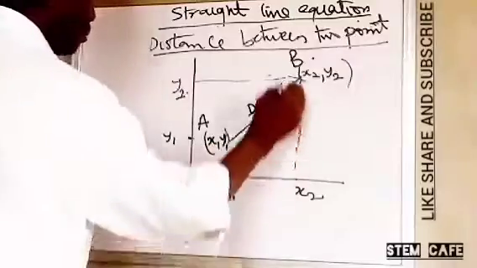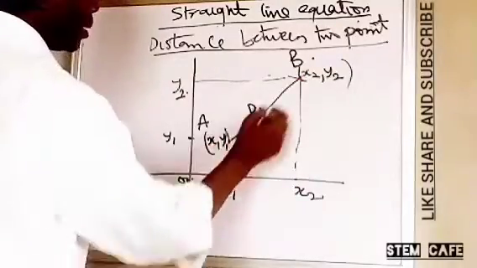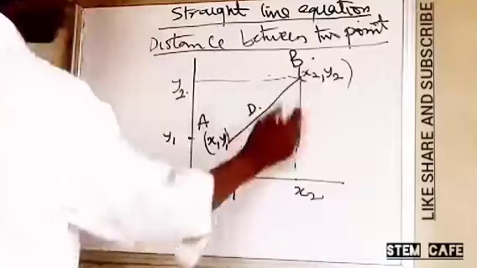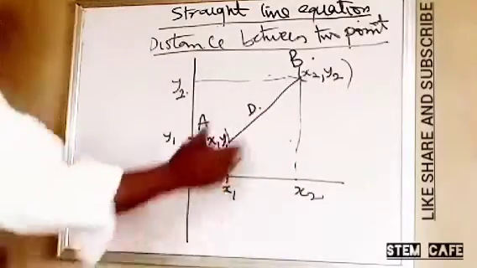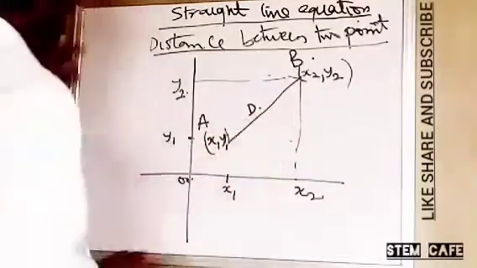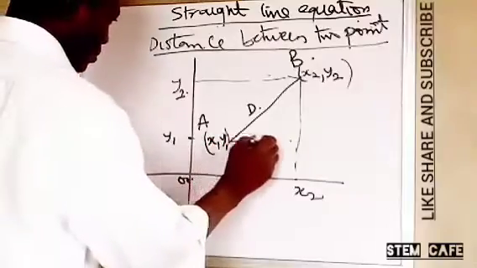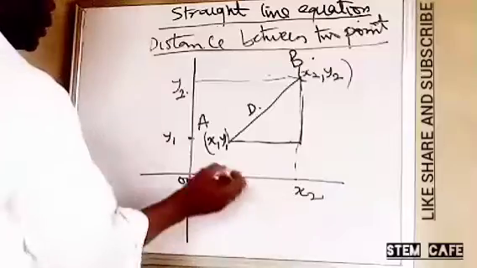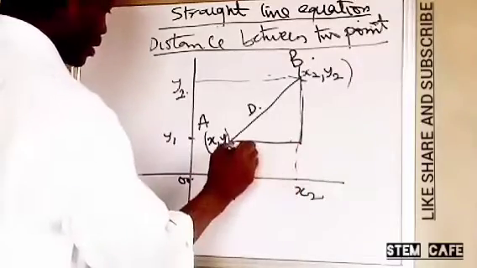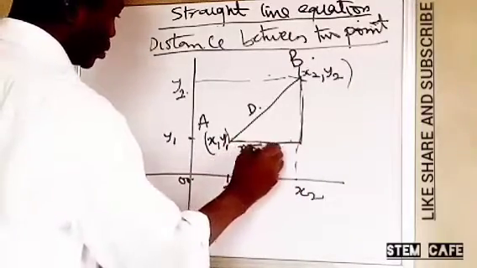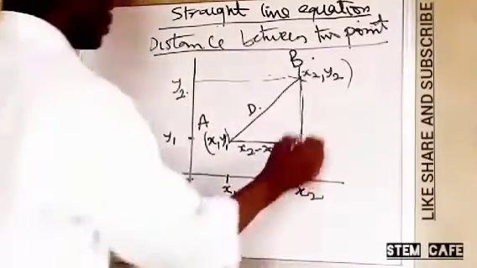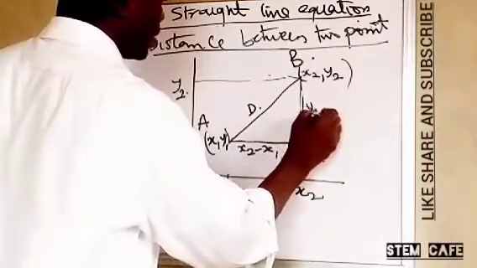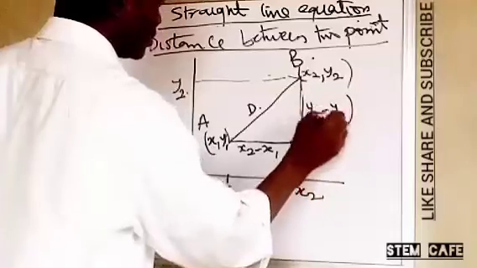The horizontal component will be this, and the vertical component will be this. We can easily get the horizontal component: x2 minus x1. The vertical component will be y2 minus y1.